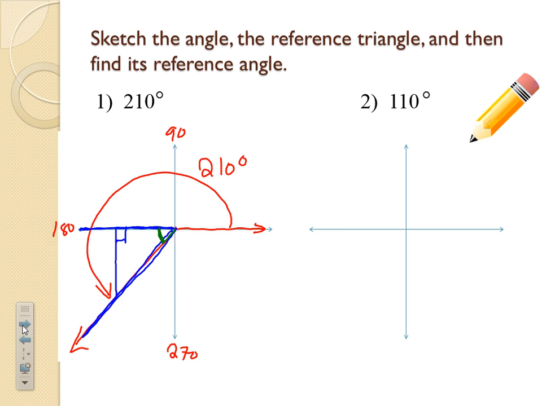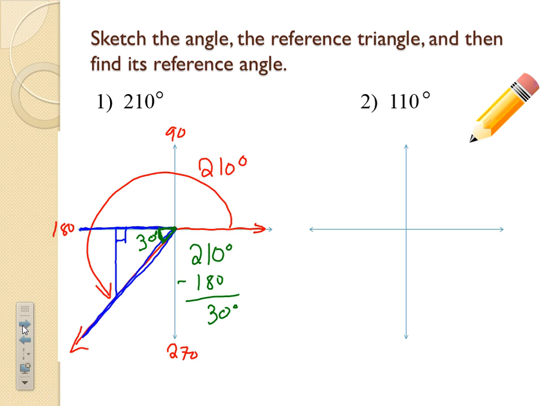My angle is always touching the origin right here. In order to do this, I'm also closest to 180 again, so I'm going to take my 210 minus my 180, and I am going to get 30 degrees. So I would put 30 degrees for that angle. All right, moving on to the next example.